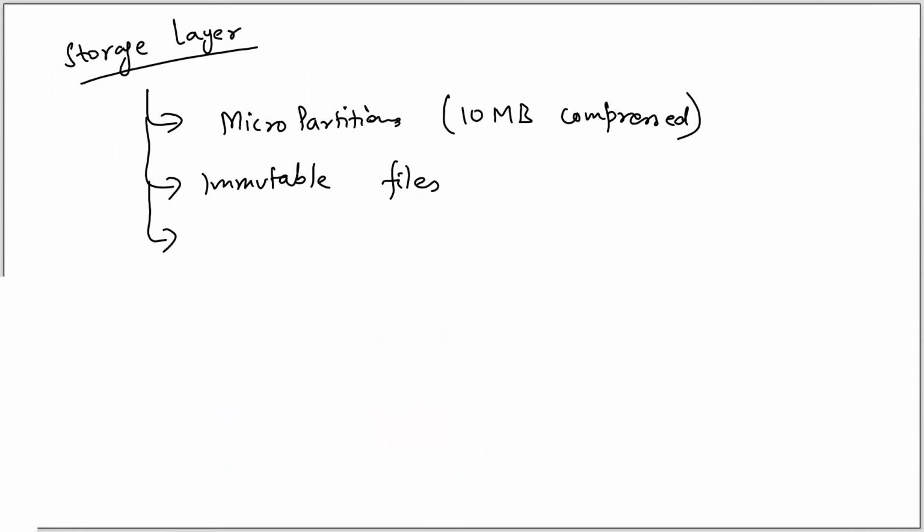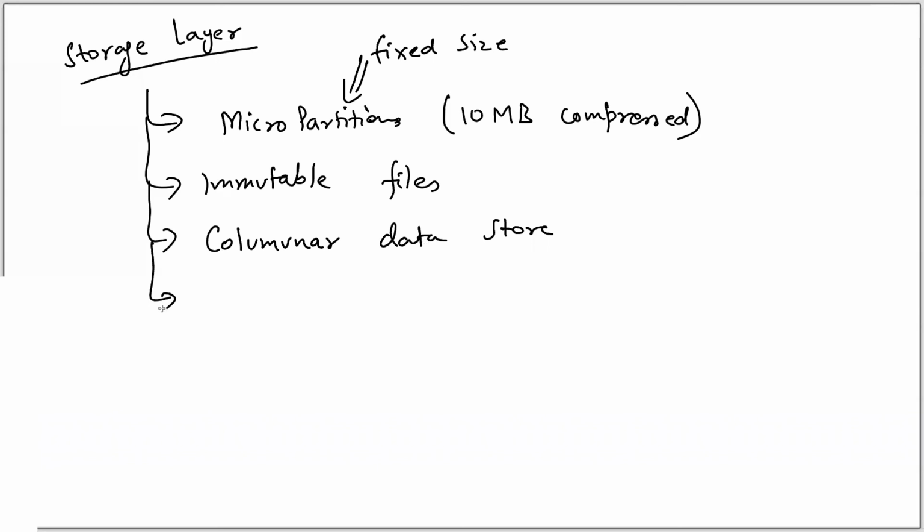In order to overcome these issues, Snowflake takes a different approach. Snowflake stores data in micro partitions, and these are fixed size partitions. That means there is no data skew issue. And this is an immutable file, and this is columnar data storage, and there are so many advantages of columnar storage.